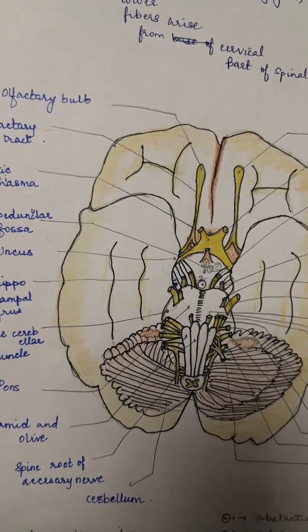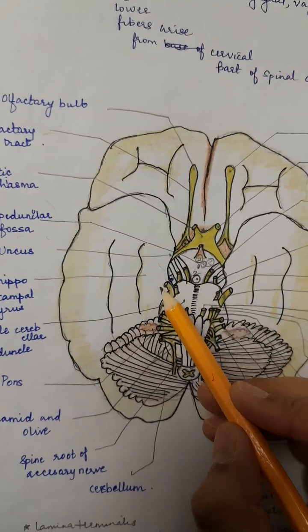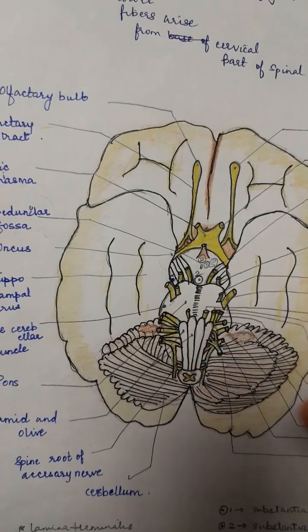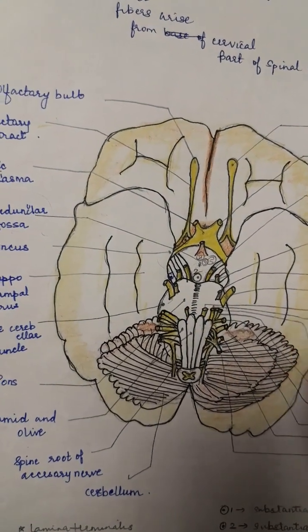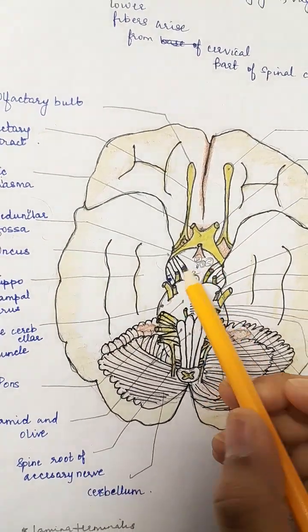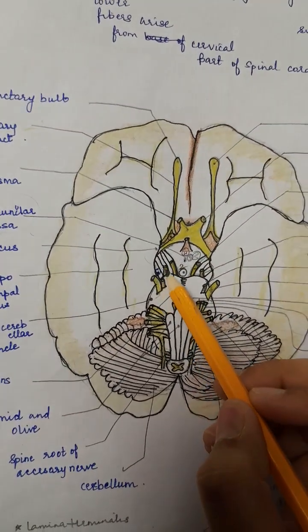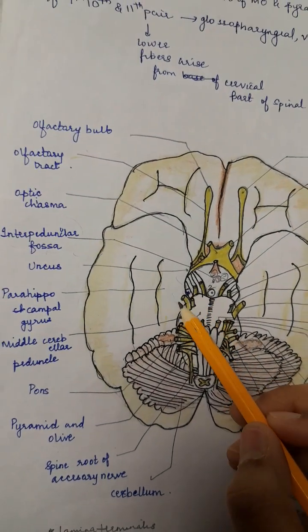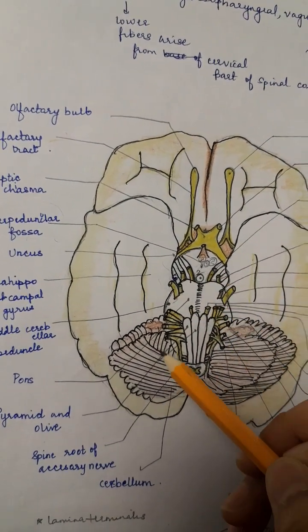Keep this important point: many grooves, and lateral and posterior side nerves, are formed on the cerebral peduncle side. Posteriorly there is the pons varolii.